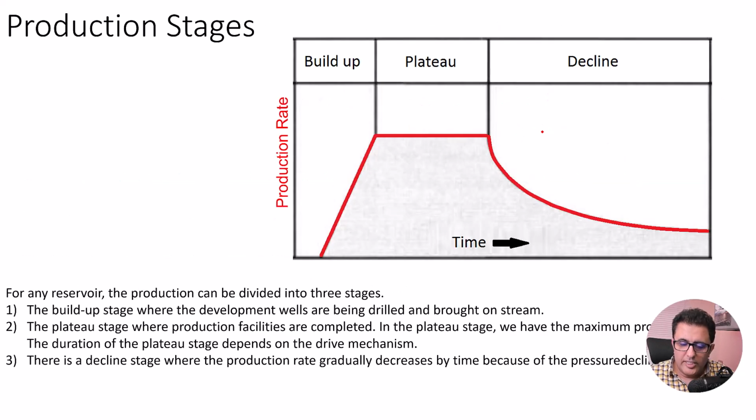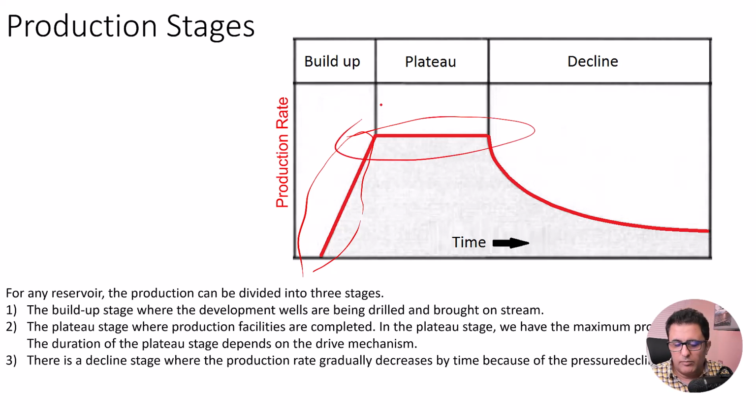If we look at any reservoir, the production stage can be divided into 3 stages. The first stage is the build-up stage, in which we build up the production facility. And what you see here, once we develop more facilities, the production rate from that reservoir will increase over time until reaching a plateau, which is the maximum production that we have.